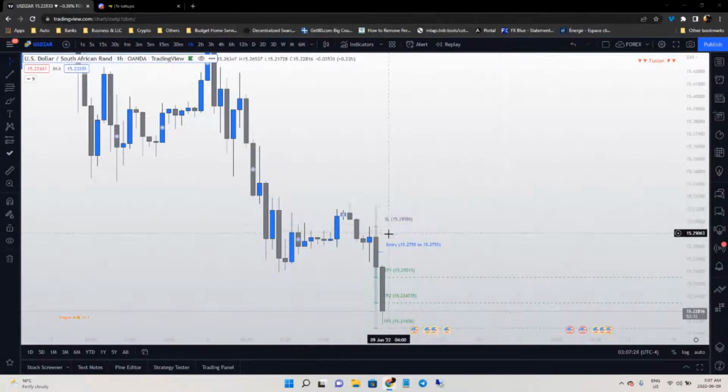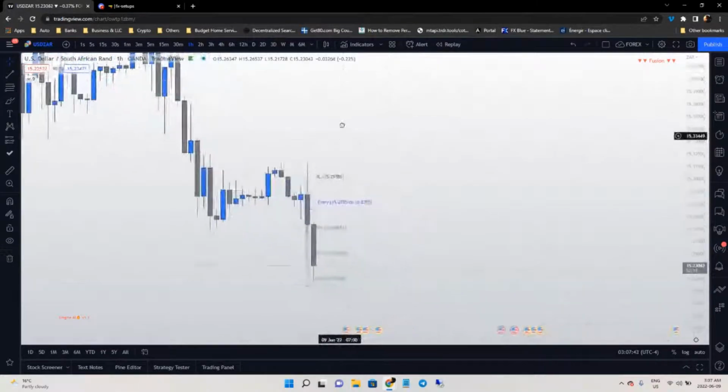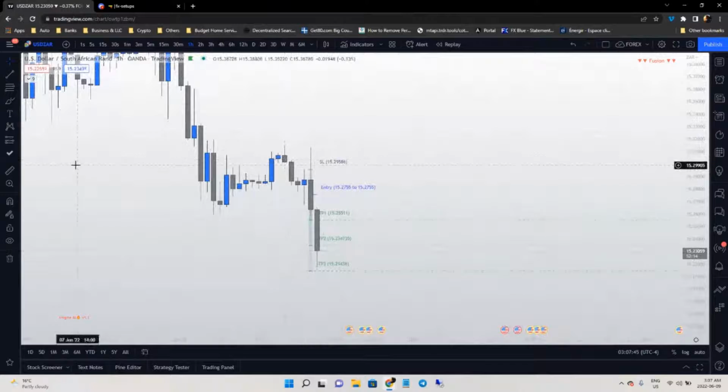What a beautiful setup here on USD ZAR. At the same time, I'm just gonna explain to you exactly how we take those setups, which you could do on your own too using the Enigma system. So this is Enigma.